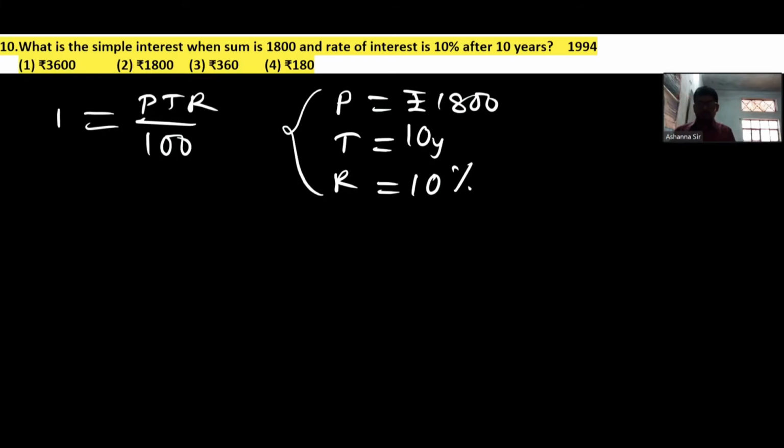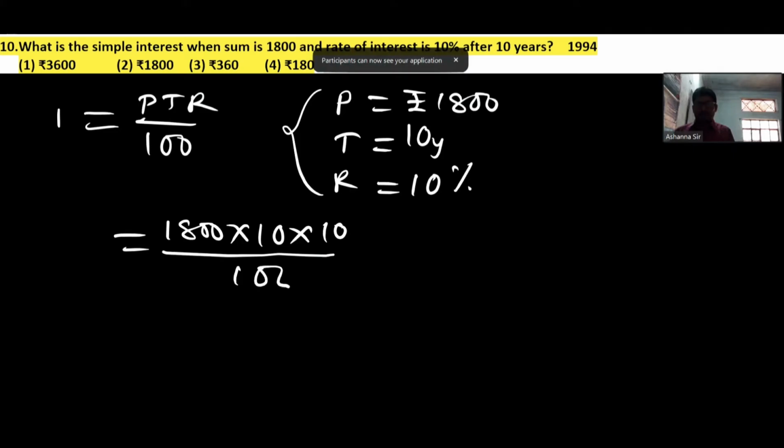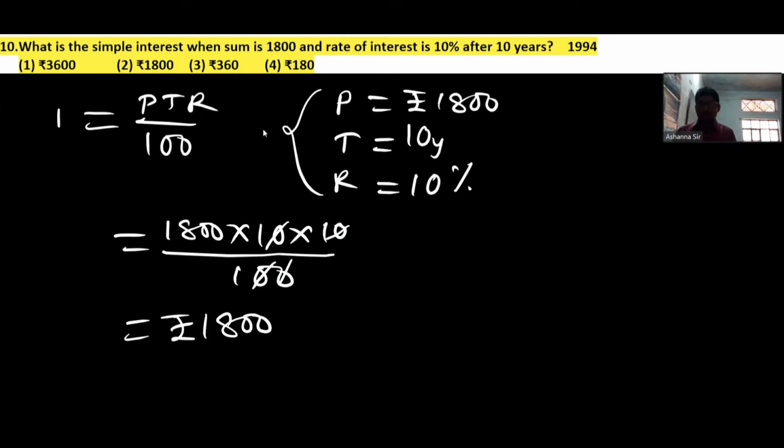Now we have to substitute these values in this formula. Then we get simple interest. 1800 into 10 into 10 by 100. Zero zero gets cancelled, one more zero cancel. So 1800 rupees, option 2. This is the interest.